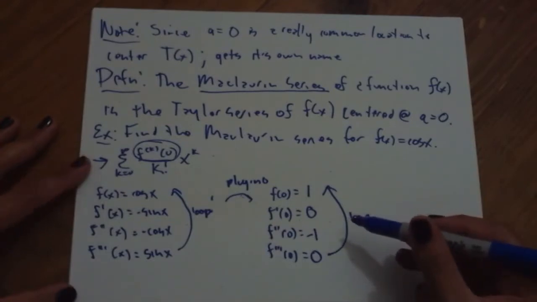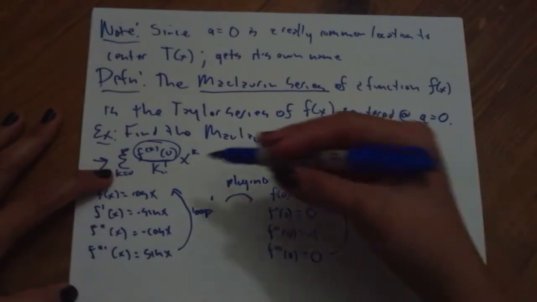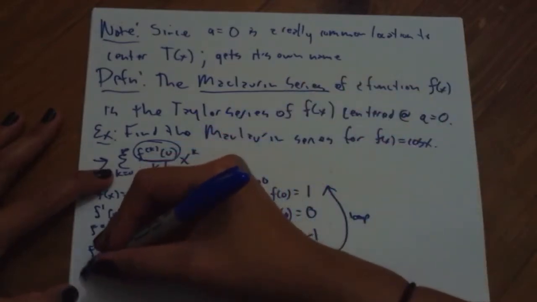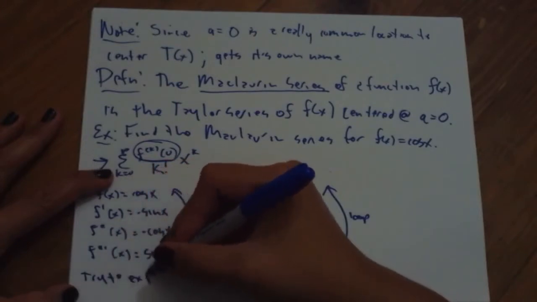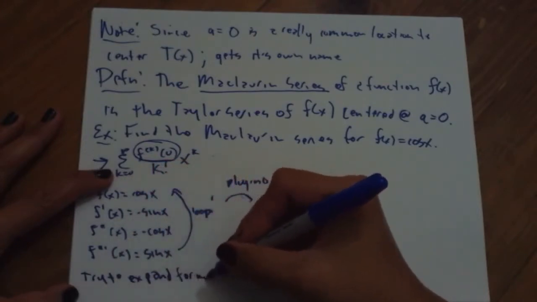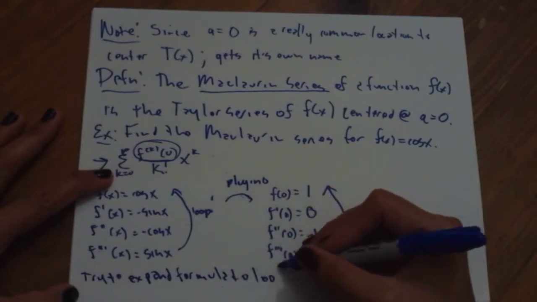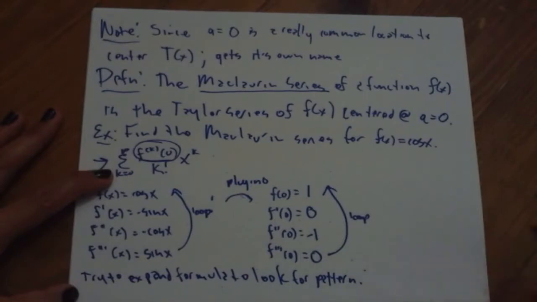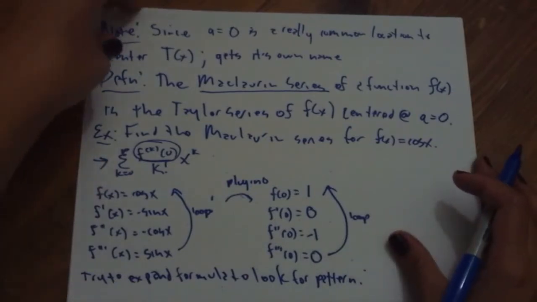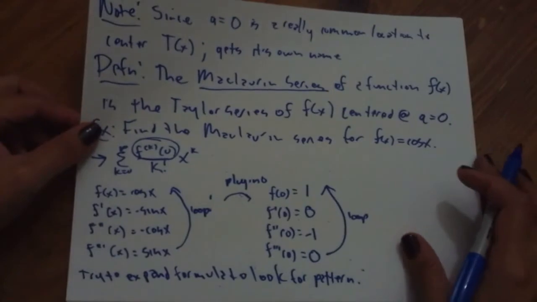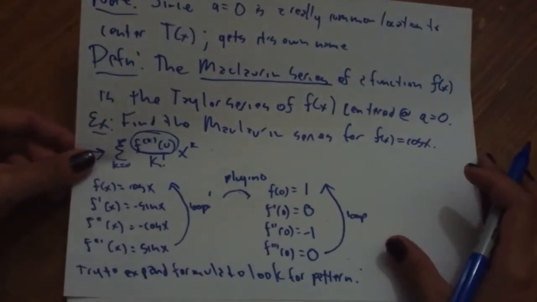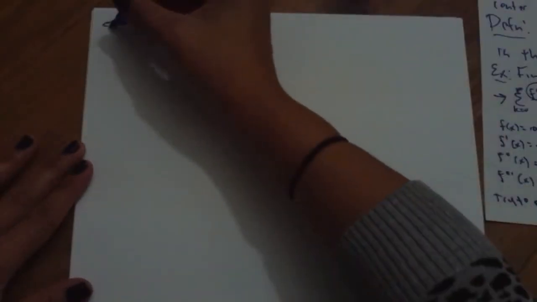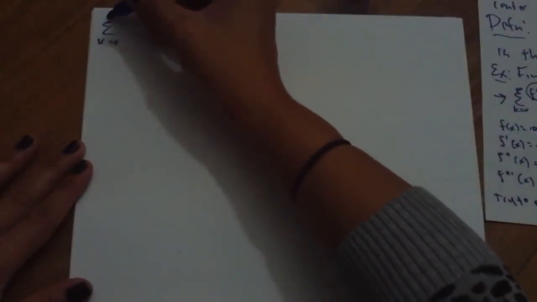What was going on here is if I stick in 0, let's try to expand my formula to look for the pattern. Okay? If I try to expand my formula to look for the pattern, my zeroth derivative, again, I'll go ahead and write this up top here.